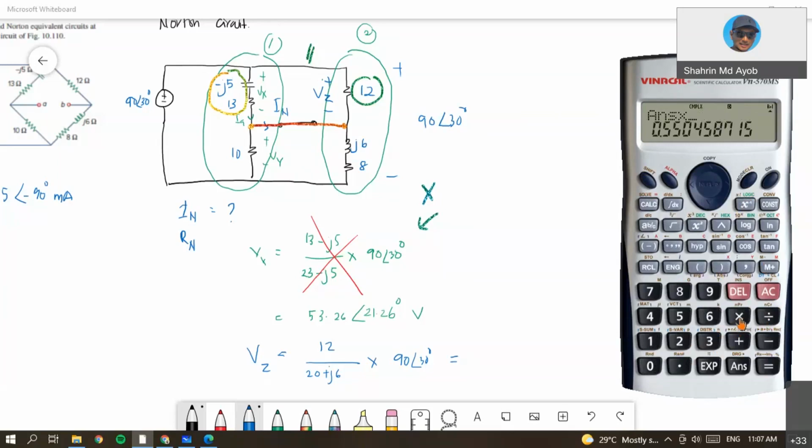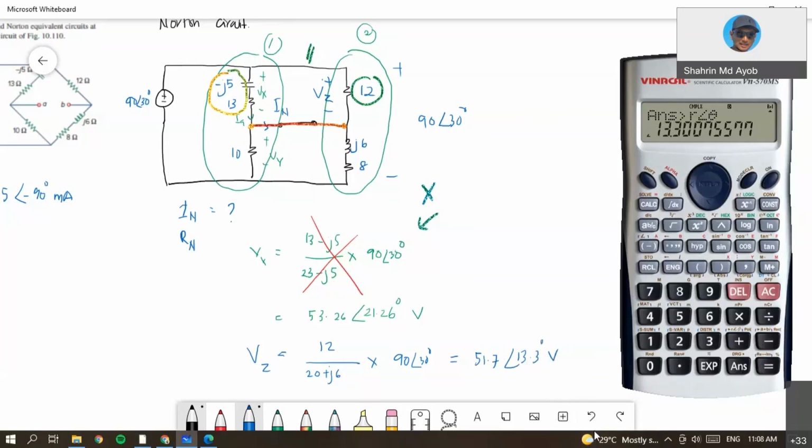And then multiply with the voltage source, and then convert into polar form. So my answer is 51.7 with an angle of 13.3 degrees volts.